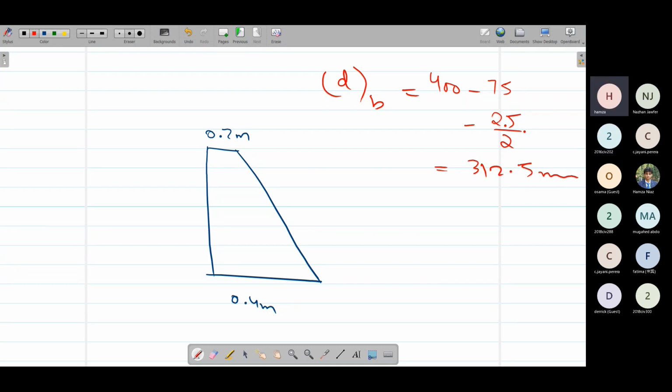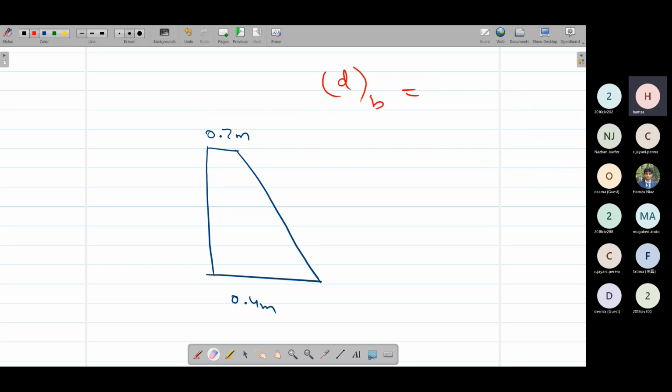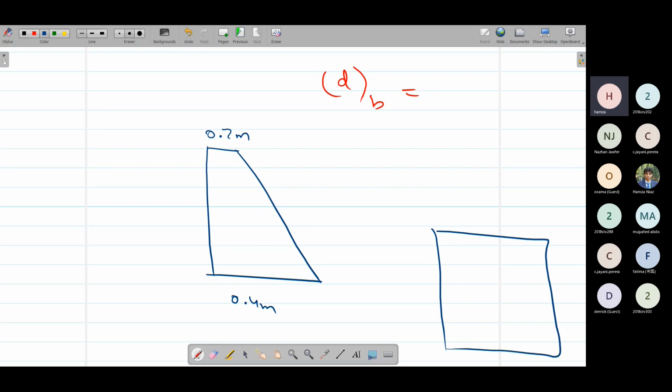Bro, repeat it please. How to calculate D? If you remember PRC1, for example, this is our concrete. The D value is the effective depth of this steel layer. This is the effective depth, measured from the top. At the bottom, what is the height of the concrete? This is 400 millimeters, 0.4 meter.